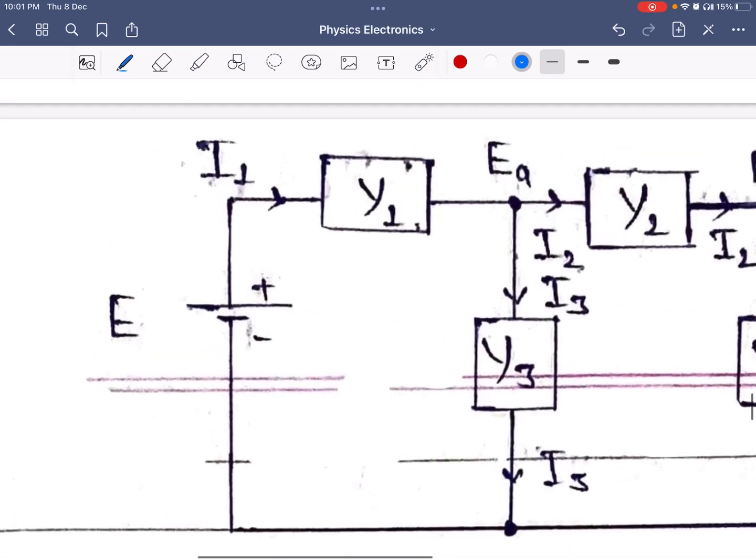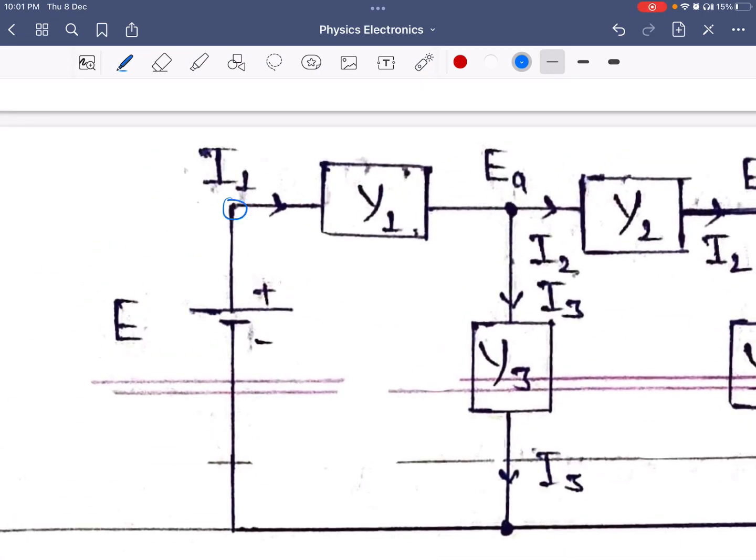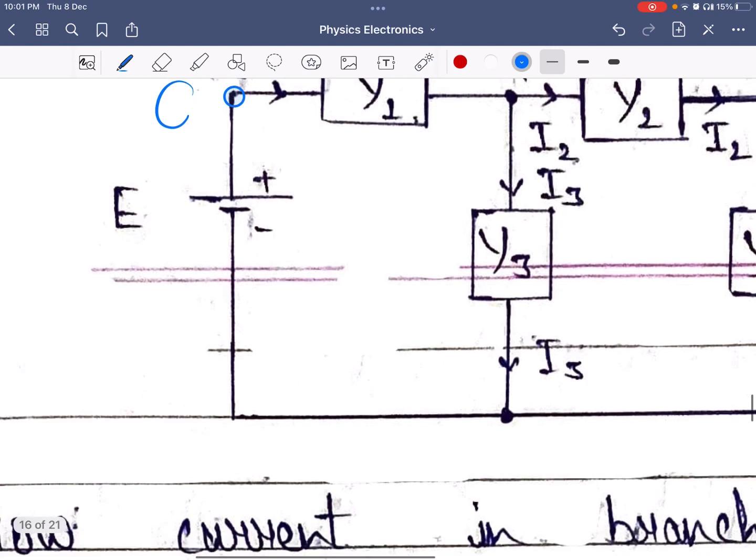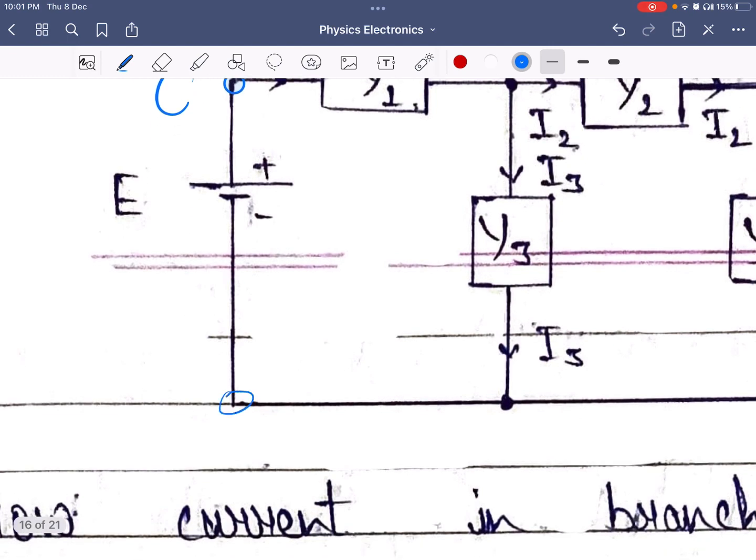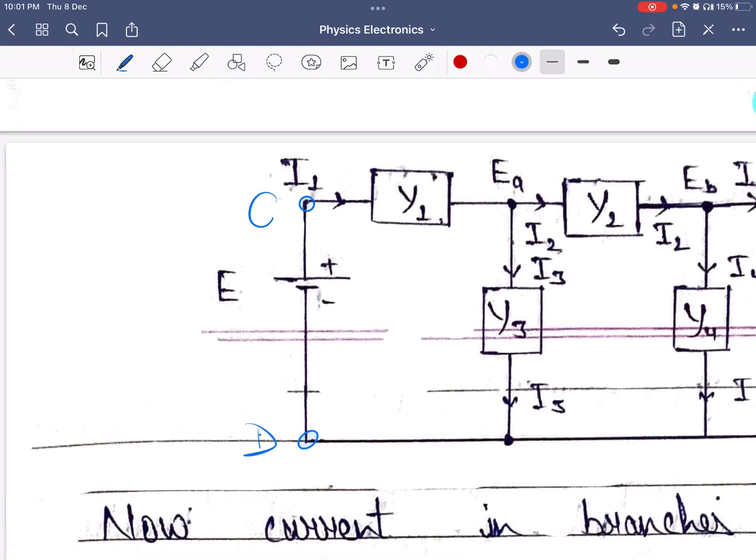Now let's say this is point C and this is point D, and since this is electric source E, electric potential at C will be equal to E and electric potential at D is equal to 0.